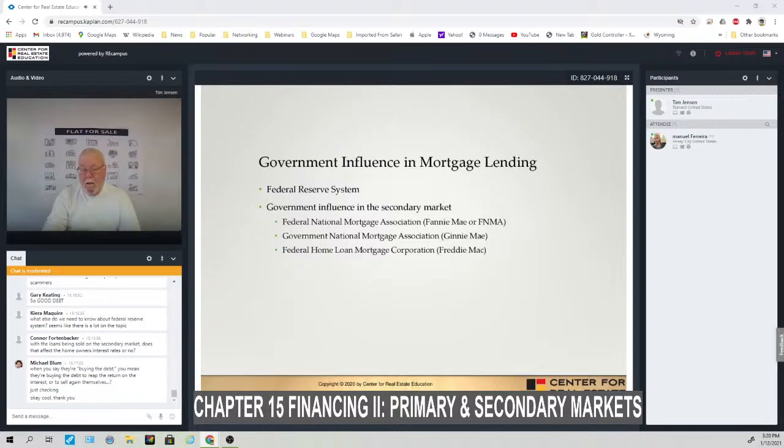So again, Fannie and Freddie sell bonds. Ginnie sells pass-through certificates. Fannie buys FHA mortgages. Ginnie buys low-income, moderate-income, and high-risk loans. And Freddie buys conventional loans. So those are your three partakers in the secondary mortgage markets.